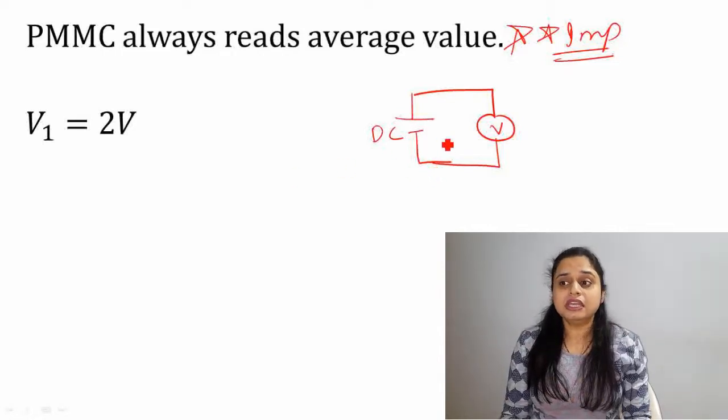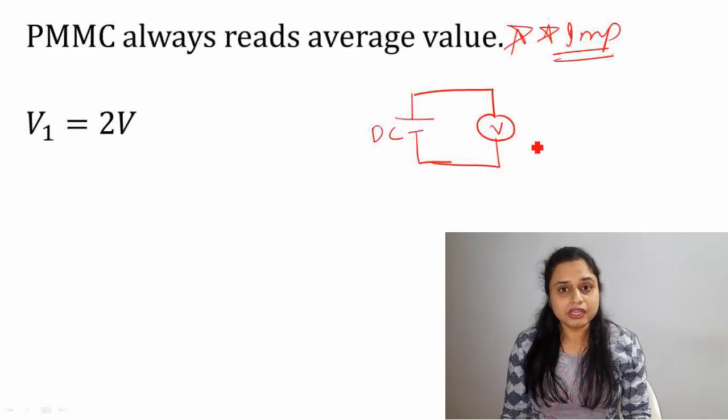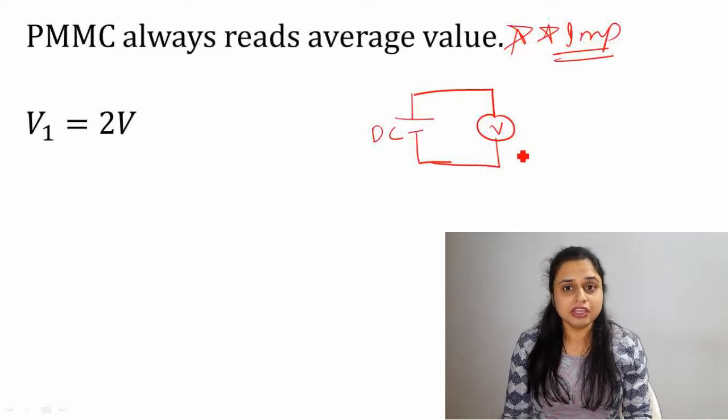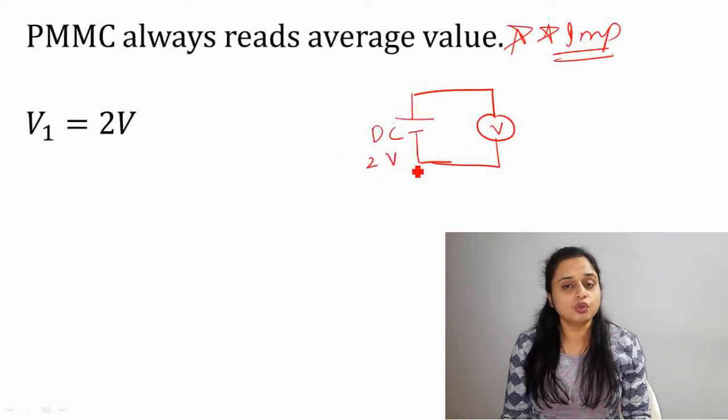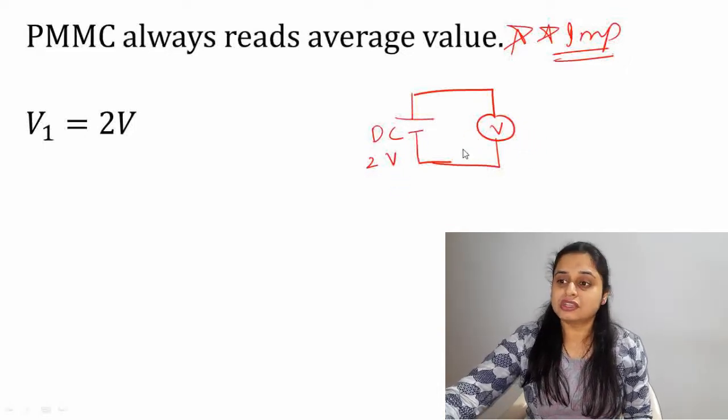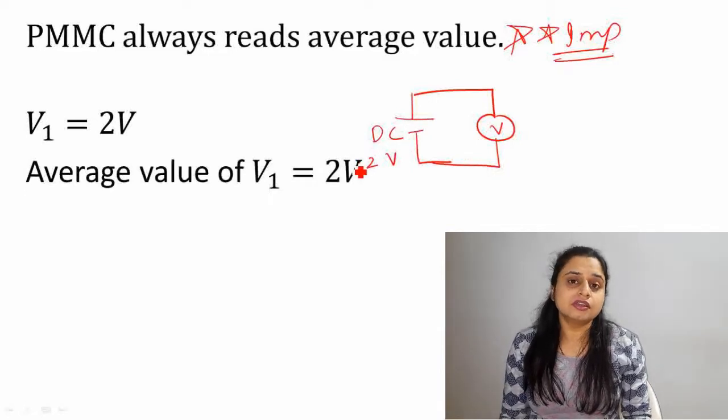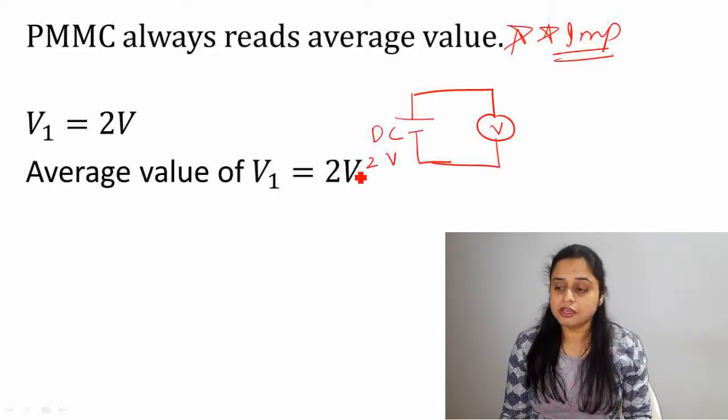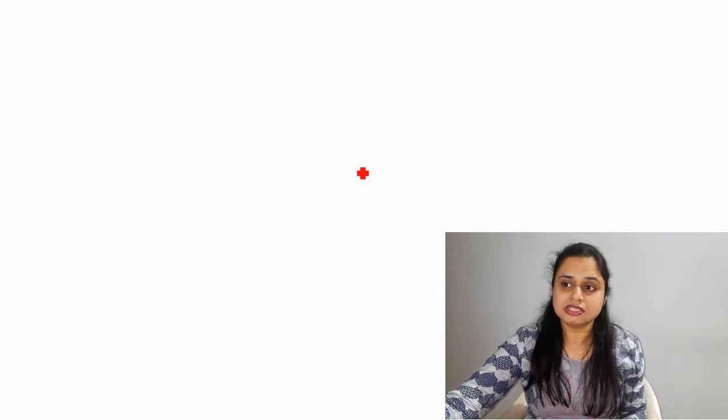So here in the DC supply, the reading of that voltmeter is nothing but the average value. This 2 volts battery, when we give this supply, the voltmeter reads 2 volts. That means the average value for this DC supply is 2 volts. Is it clear? Now go for the AC supply.